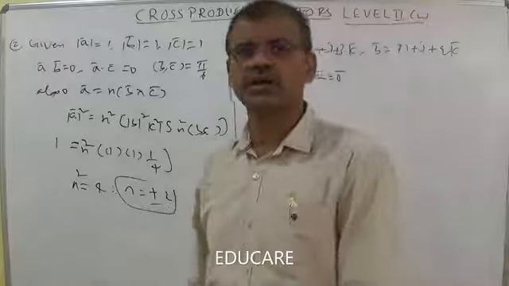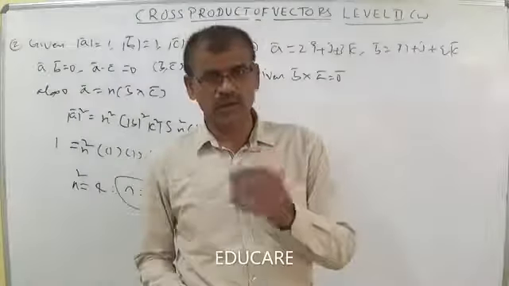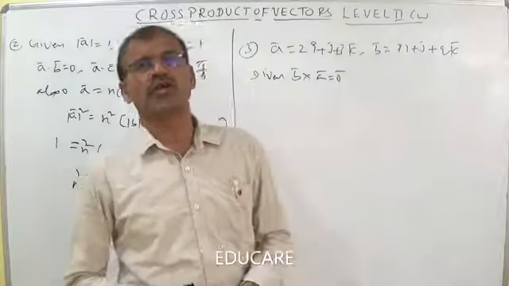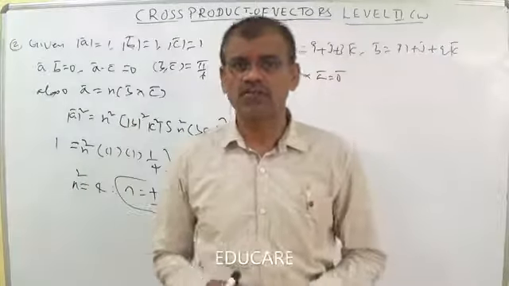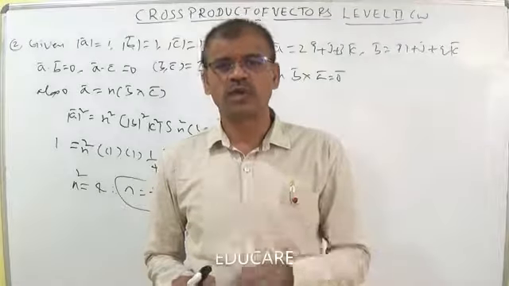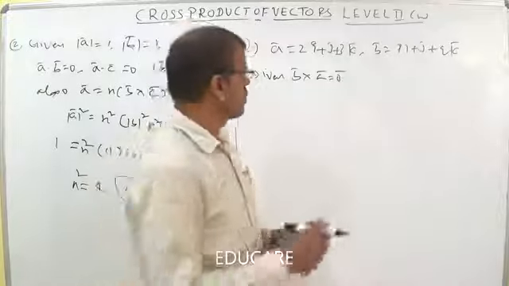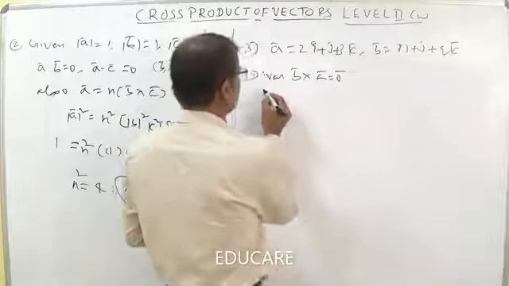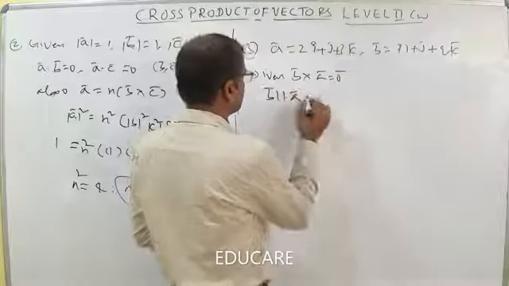Whenever the cross product of two vectors is 0, we can say that the two vectors are parallel or collinear. Whenever two vectors are parallel or collinear, their components are in the same proportion. So here, B bar is parallel to A bar.